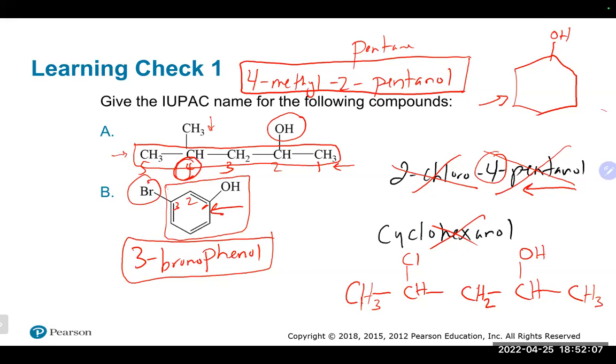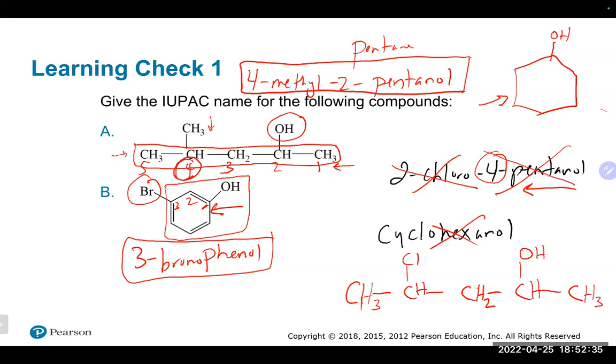Question on drawing these alcohols? Yes. So when you're drawing, you can number it whichever way you like.